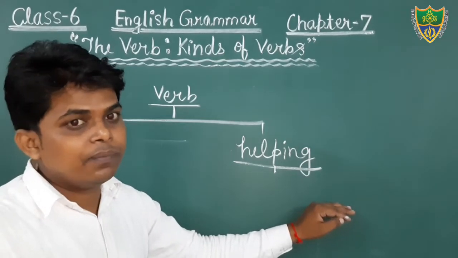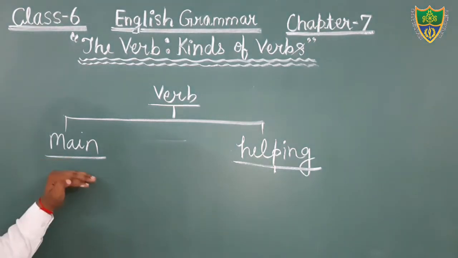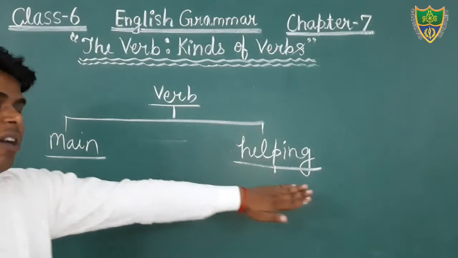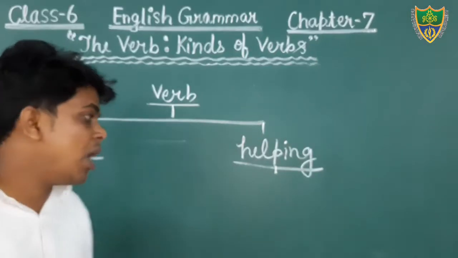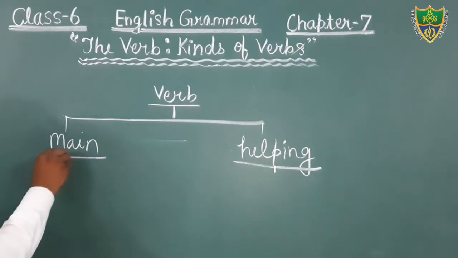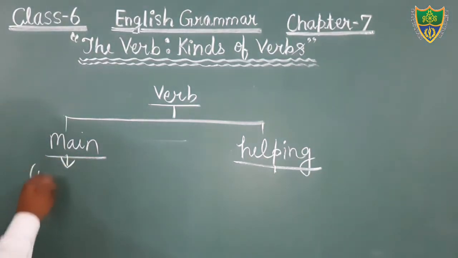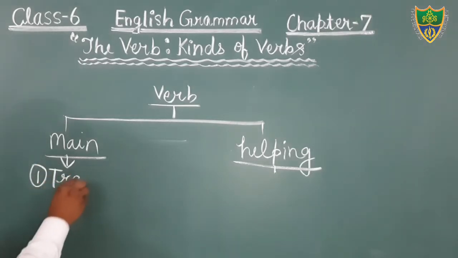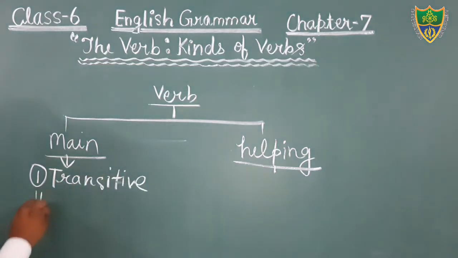Okay students, I have told you that there are two kinds of main verb. One is transitive verb, and another is intransitive verb.